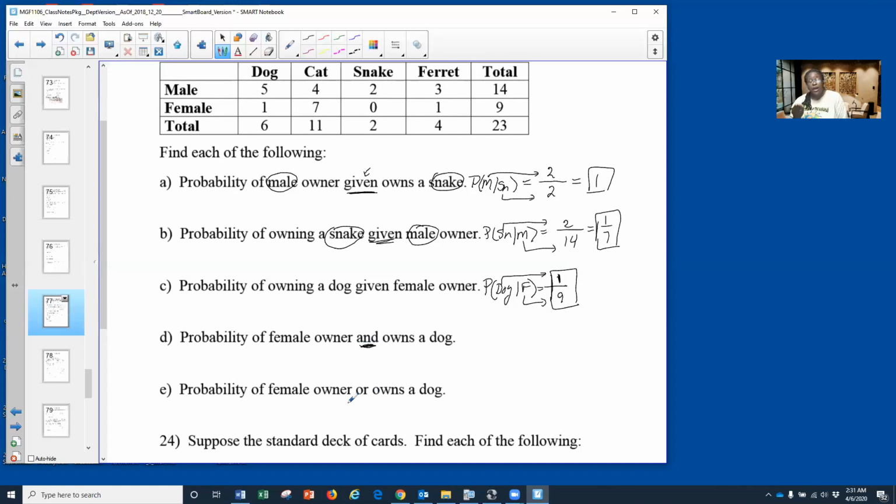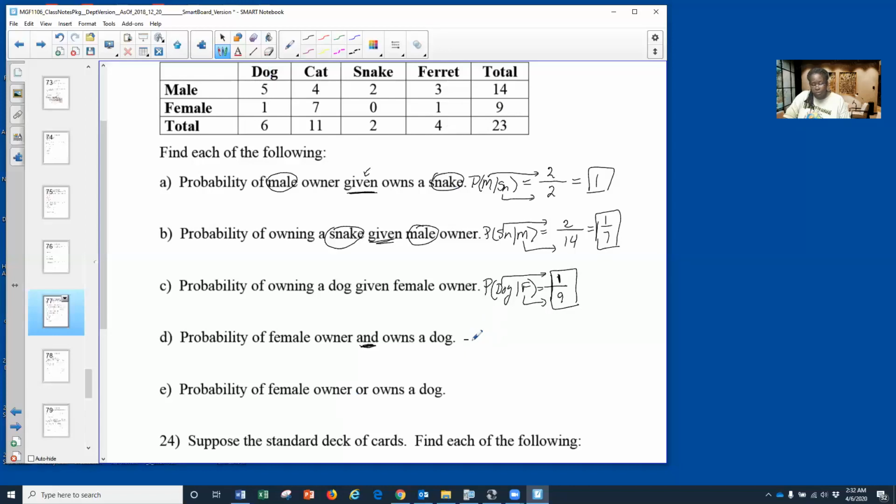So we're looking at our table to see how many females owned a dog. Okay, here's my females owning a dog right there. How many out of the total number of people who participated in the survey? 1 out of 23. So this is where we actually are using our total participants for our denominator.